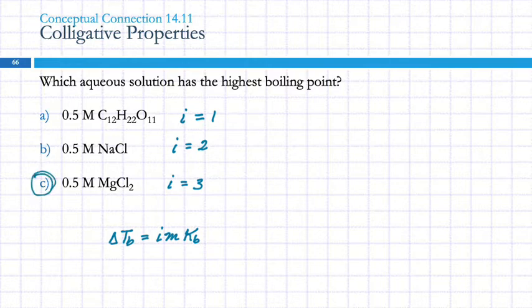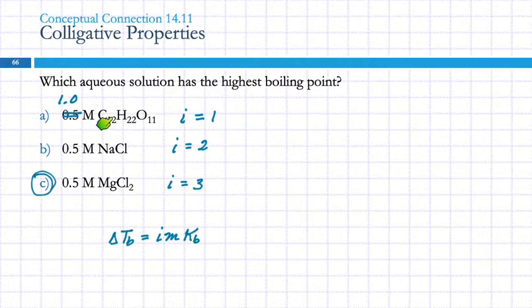And a question like this is typically how they test you on colligative properties. Sometimes they'll give them to you like this, where the concentrations are all the same. Sometimes the concentrations will be a little bit different. So, like if I said, well, this is 1 molar C12H22O11.